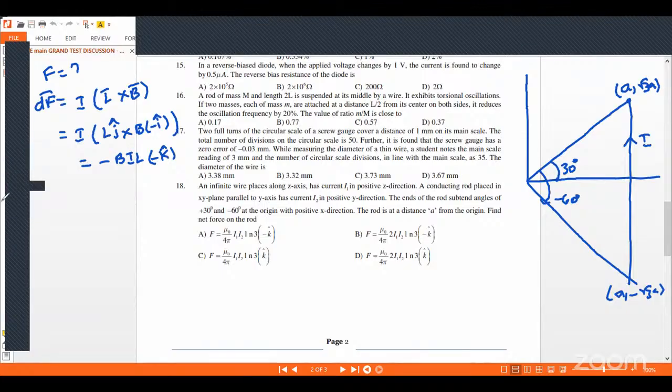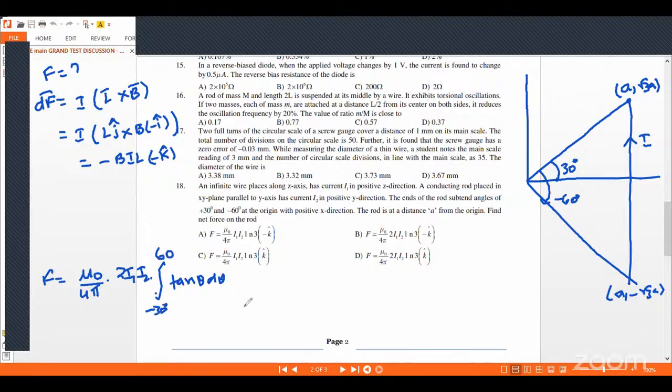Fine. So force equals mu naught by 4 pi into 2 I1 I2 times the integral of tan theta d theta, between values from minus 30 degrees to 60 degrees.